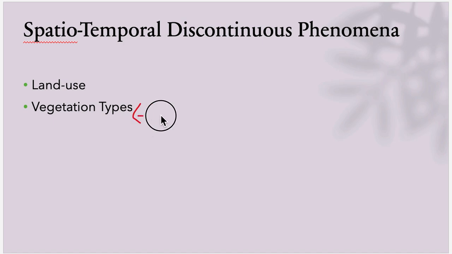Vegetation types can be discrete as well because you can separate vegetation types like grassland and forest type. A spatial model may predict the encroachment of forest on grassland sites. So that's one way we could apply the spatial model to these phenomena.